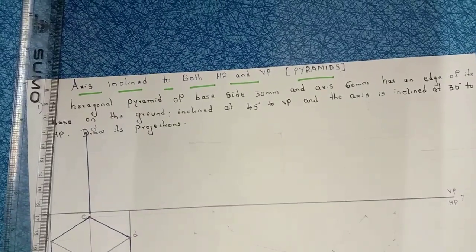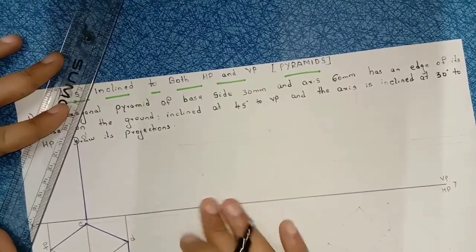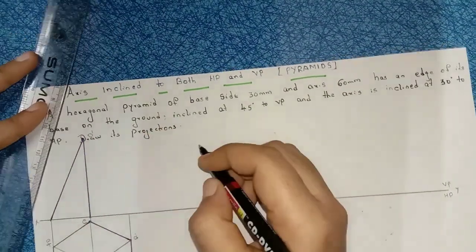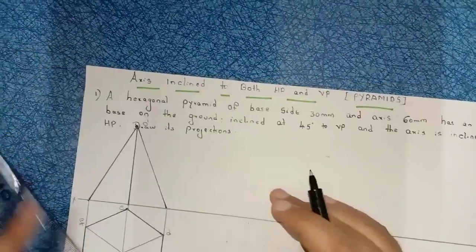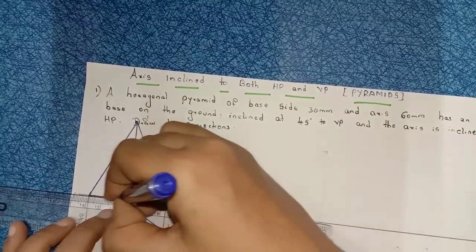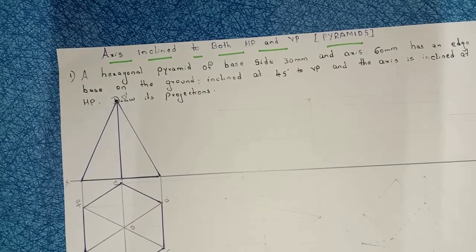Marking O and O dash is an important factor in pyramids. After that, from O dash join to this corner, and again from O dash join to this corner. Now draw the pyramid here. So this is your hexagonal pyramid.